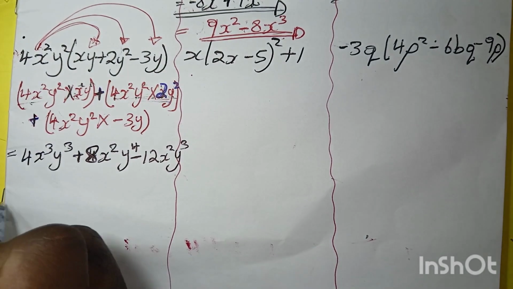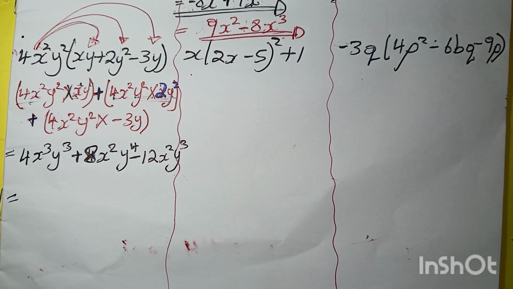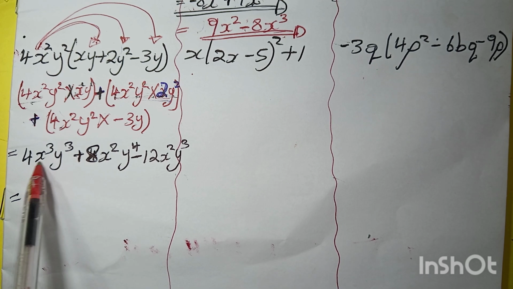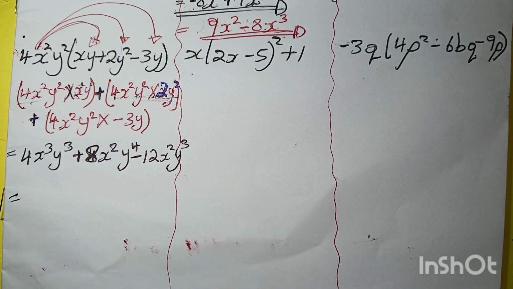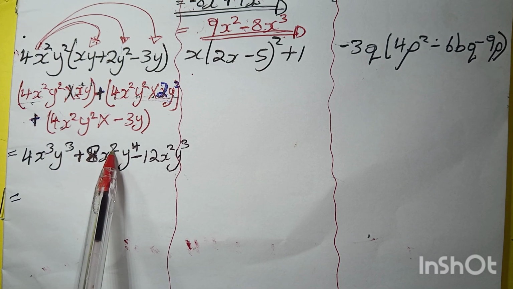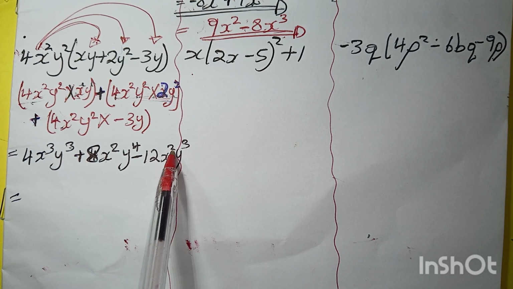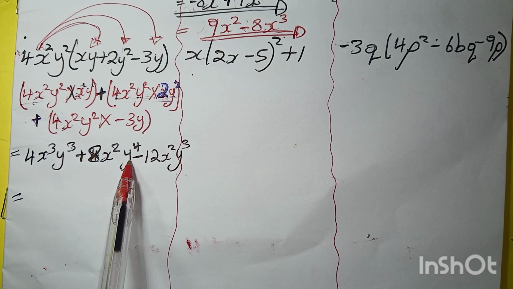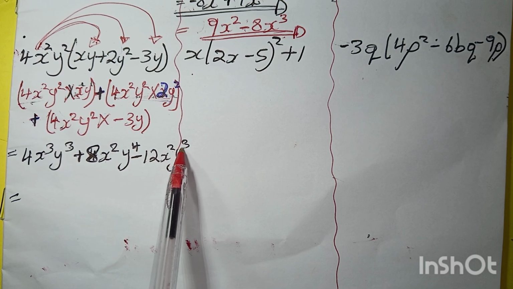So now we can check, do we have like terms? I don't think so. Check something: all the bases are the same, but they got different exponents, because x here it's 3, but x here it's 2, x here it's 2. Do you see? And y here it's 4, but y here it's 3.